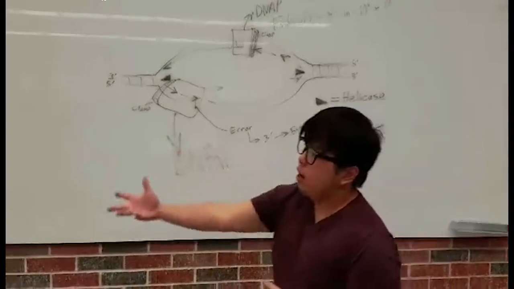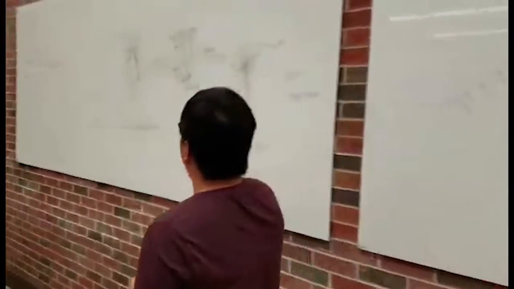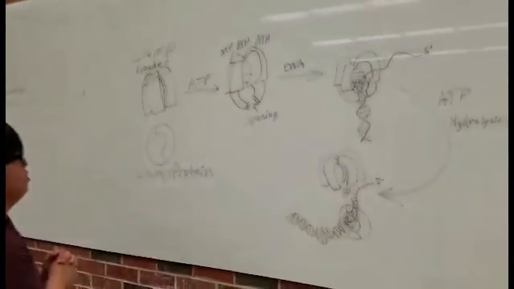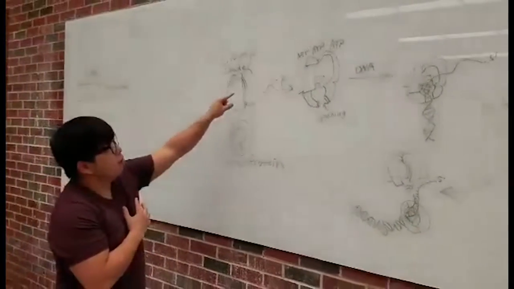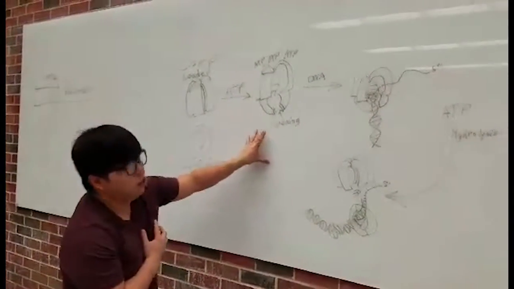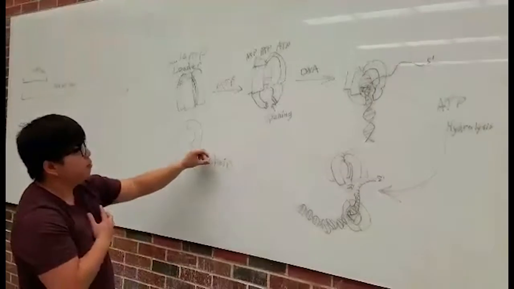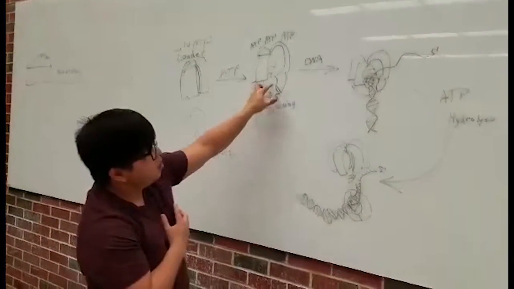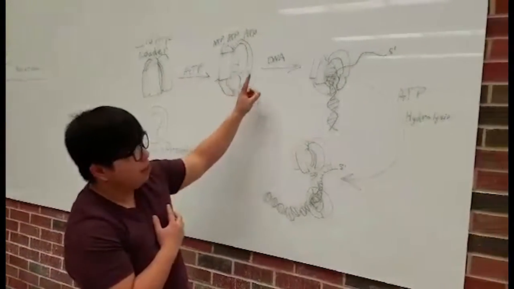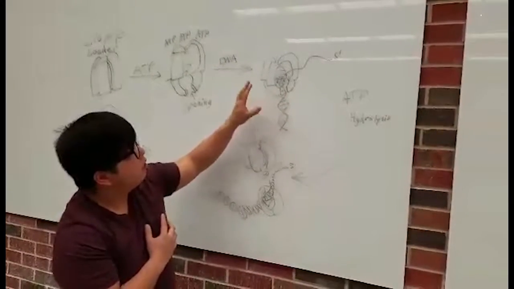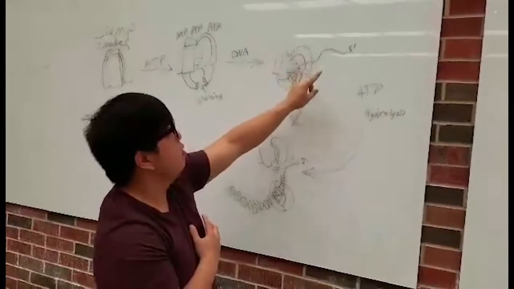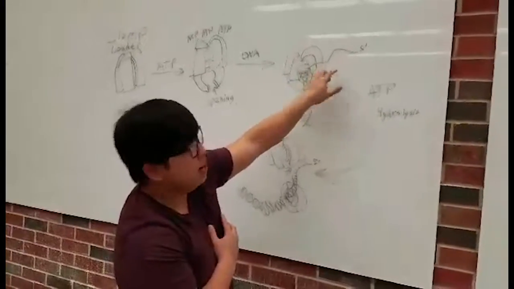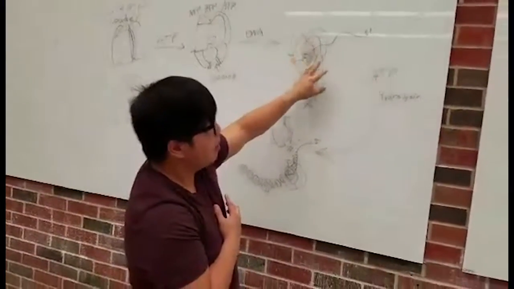So over here, I'm going to show you how the clamp adds the clamp protein to the DNA polymerase. So here, the clamp loader binds to ATP, causing an opening in the clamp protein. And through there, the DNA can fit through the clamp and DNA polymerase. So here, you can see the 5' strand, and the DNA is unwinding right here.